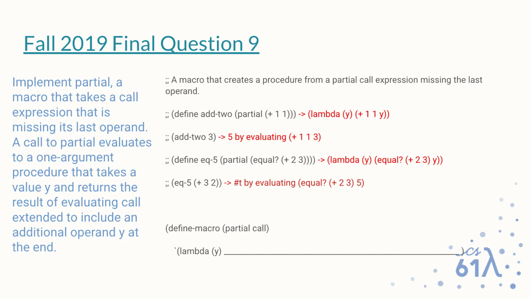And we can see that they give us the first part of the list, which is the parameter we're passing through to the macro. They give us the first part of the list, and we also have to tack a y onto the end. So what is the thing that we can use to combine what they give us and the y?